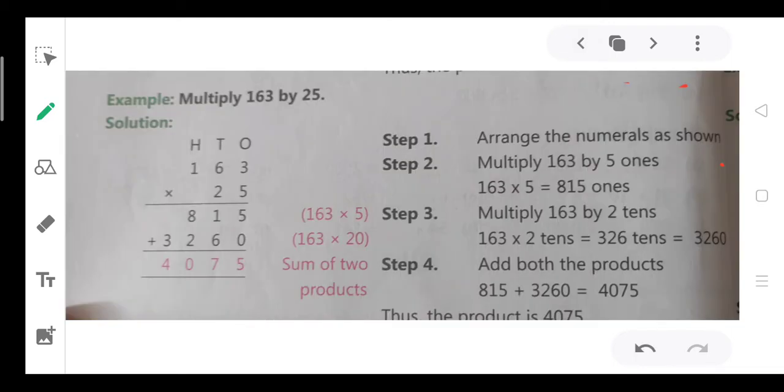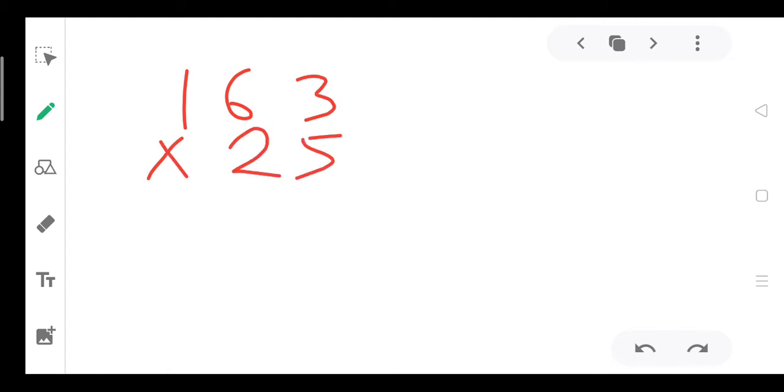The question was 163 we have to multiply by 25. So I am going to write this question for you: 163 multiplied by 25.